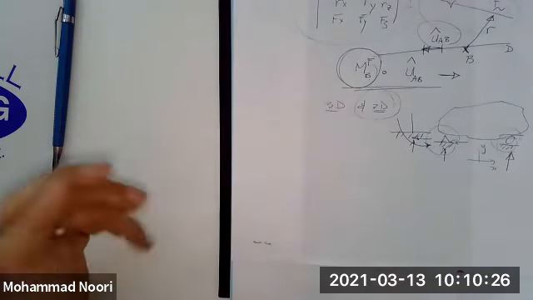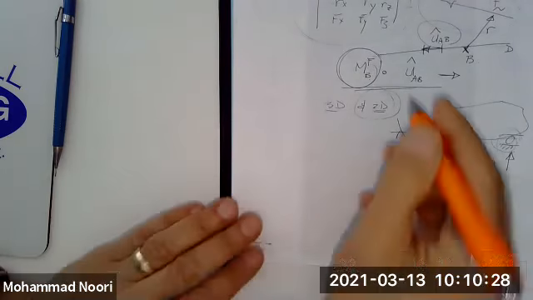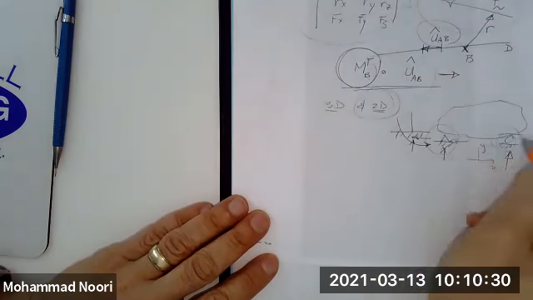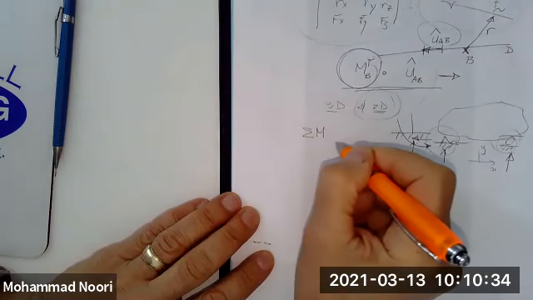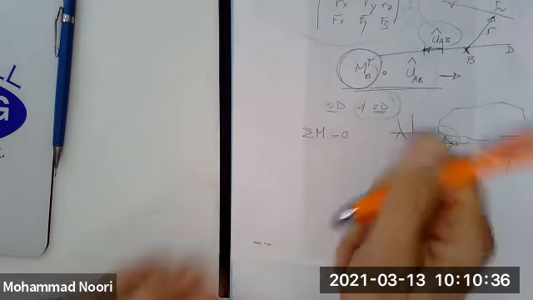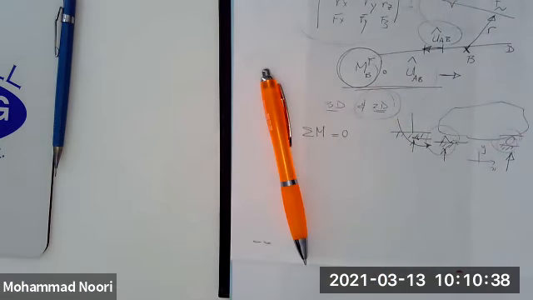So based on that, in 2D problems, to solve for these, you always start with summation of moments equal to 0. Why? Because for a statically determinate problem, you have no more than 3 unknowns, so you have 3 equations of equilibrium. Which one is the best to start with?